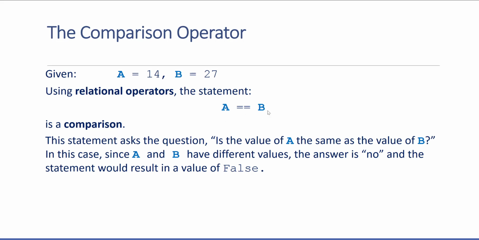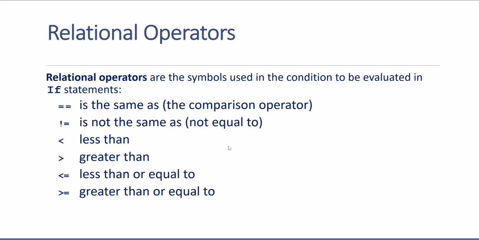A compared to B are not the same. If they were both 27, then we'd get returned true. But since they are not the same, the returned result is false. So that's important to get the concept between the assignment equals and the double equals, which is the comparison. All right, so let's move on to the next topic, and that's these relational operators.